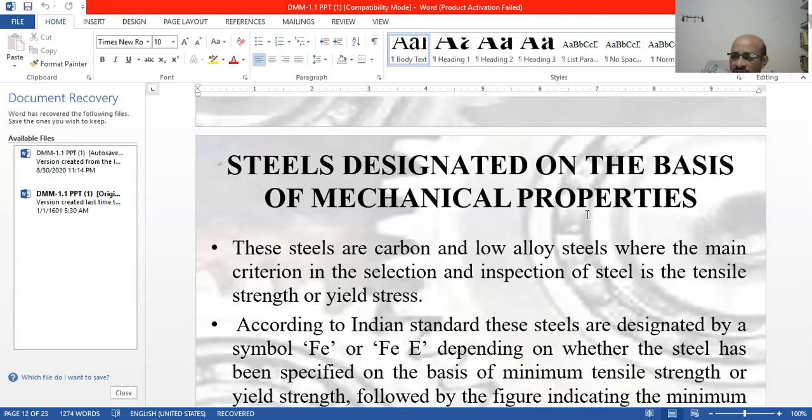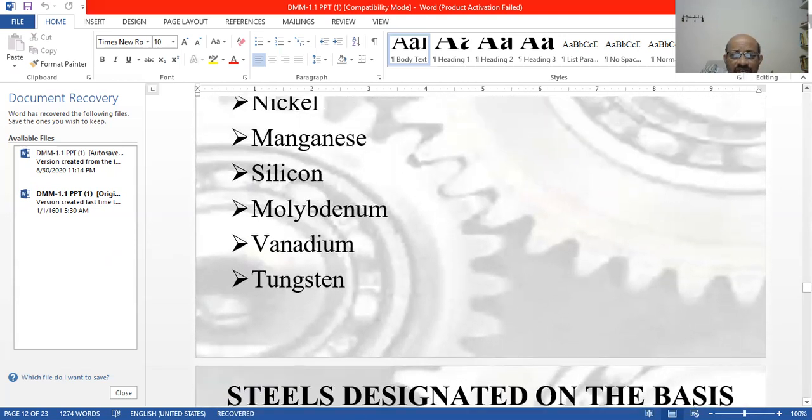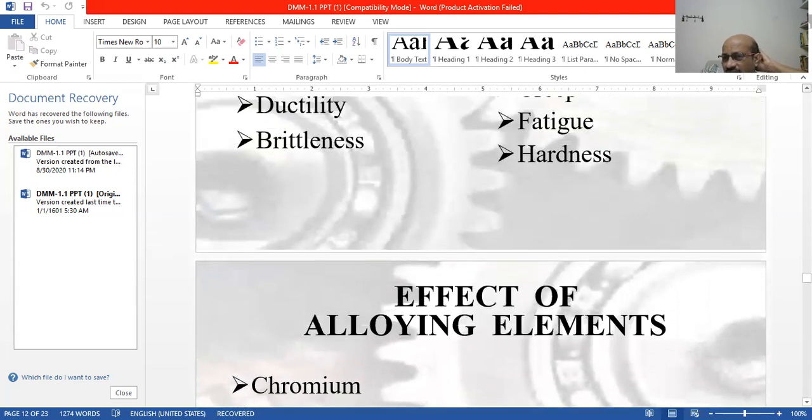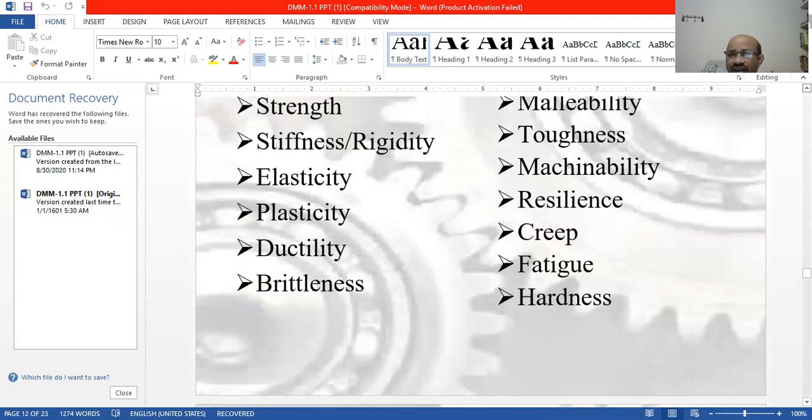So what are the mechanical properties? Strength, flexibility, hardness, fatigue, creep, resilience, machinability, toughness, malleability, brittleness, ductility, plasticity, elasticity, stiffness, strength.